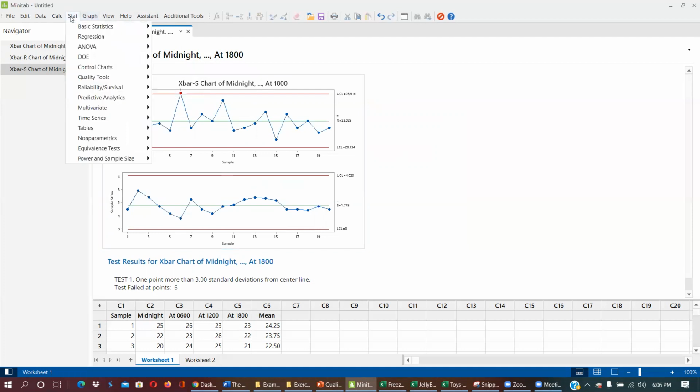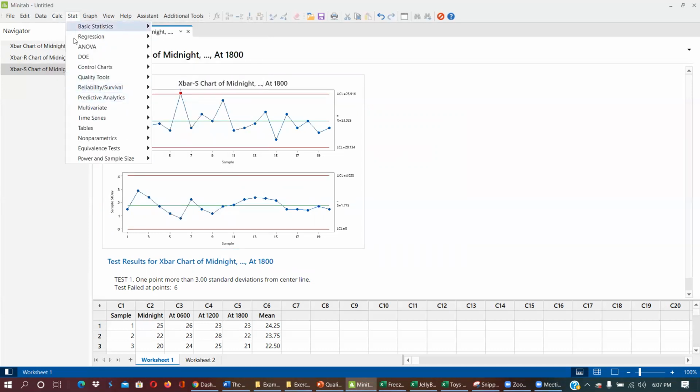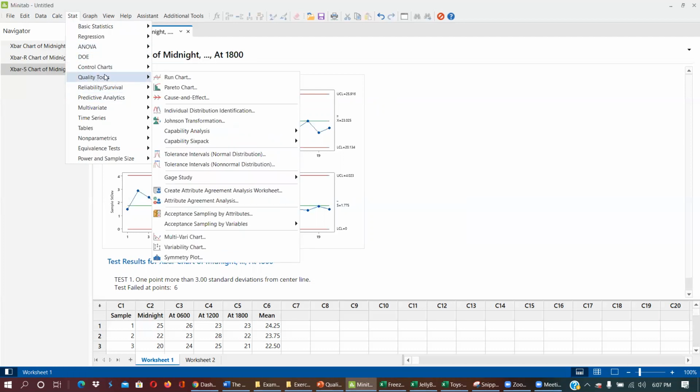Now go under this, start, and here, sorry, statistics, control charts.